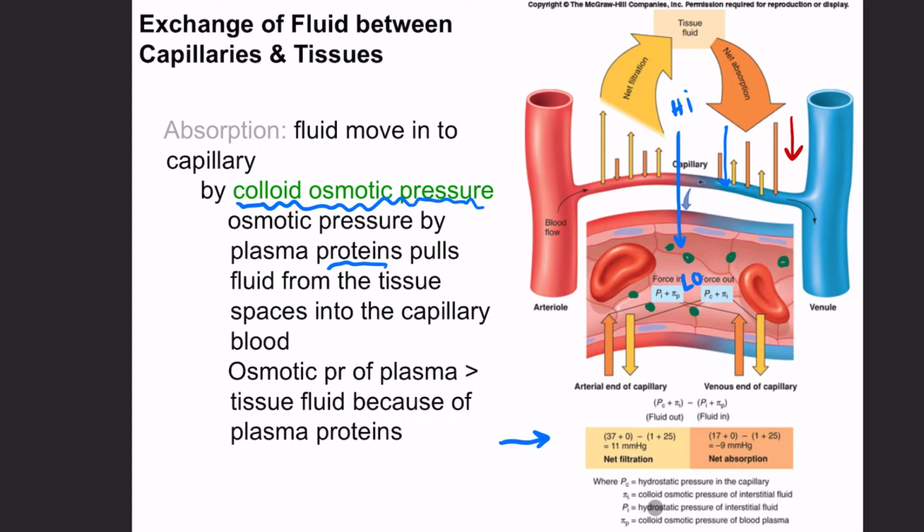And notice if you look at this calculation, there is colloid osmotic pressure inside and outside. And there is filtration pressure inside and outside.